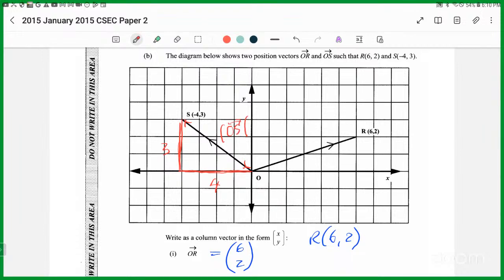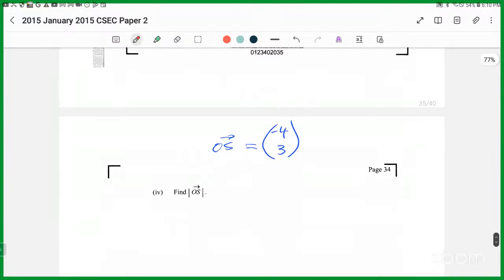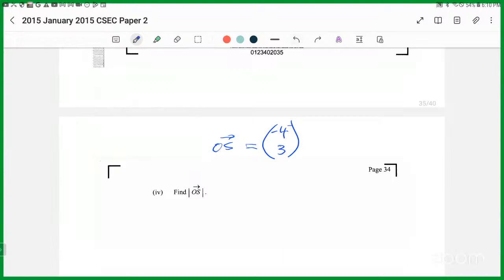That length is going to be 5. But then we can also show the calculation. The modulus of OS is the square root of this side squared, 4 squared, because negative 4 squared and positive 4 squared is the same, plus this side squared, 3 squared.